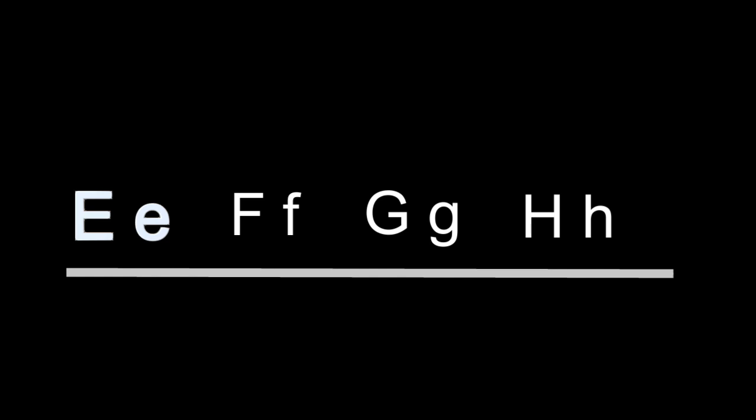These are the sounds. Now we're going to listen to them in words with letters we had from before. Let us put the letter E with a G. E, G. Let's add another G. Egg. The word is egg.